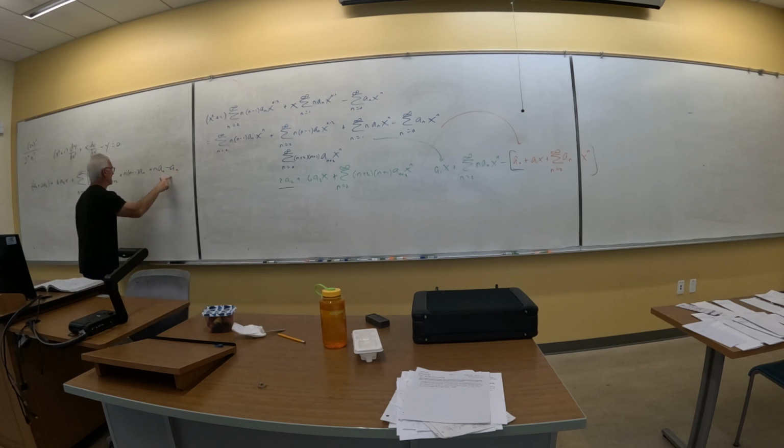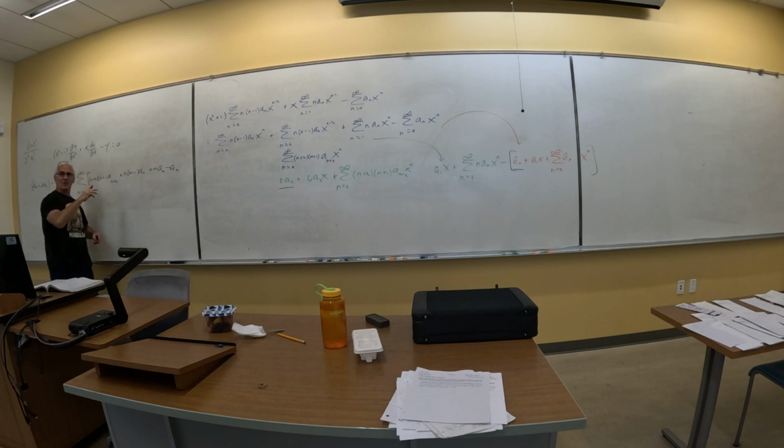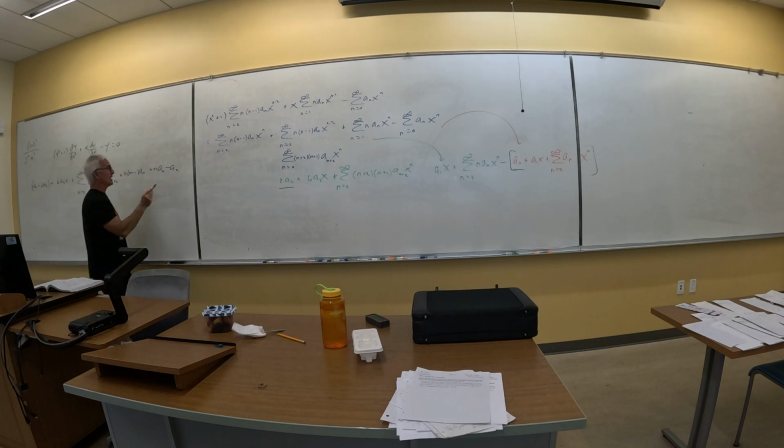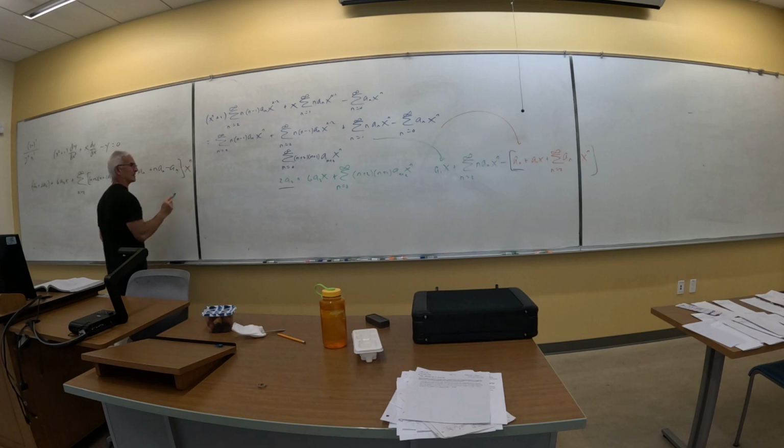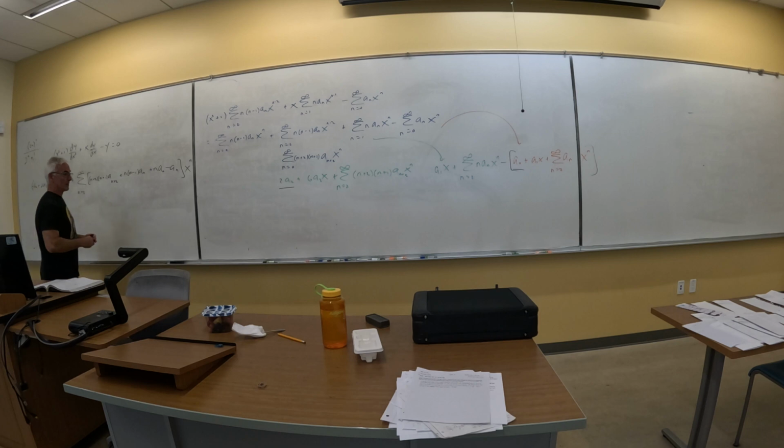You're saying, can we factor out the a n? Yeah, but we also have another one over here, so we might want to put those together before we factor them out. Okay, everyone stare at this, tell me if this is correct. I don't want any boo-boos. Where did that second a n come from? So n times n minus one a n, that was the very first time I wrote it. And then we have n plus two, n plus one, a n plus two. Then we have n a n, and then we have minus a n. I believe this is correct. Everybody okay with that? So here's what I want to do now.